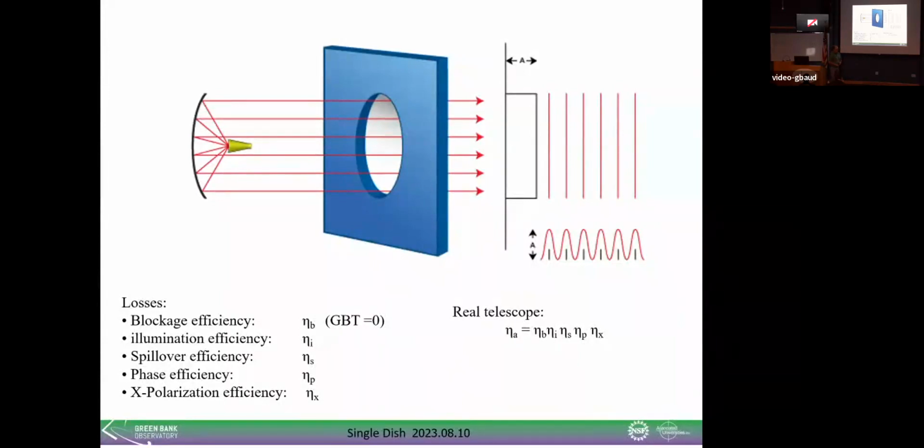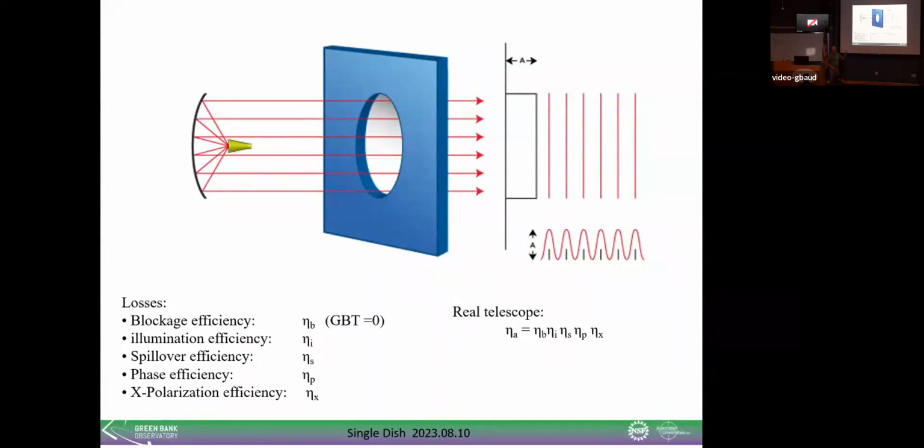And then cross polarization efficiency, that's due to the feed design and the offset optics of the telescope, which introduces cross polarization. The GBT, being an offset design, sacrifices a little bit for cross polarization. So it's not the greatest instrument for polarization measurements just because of that.